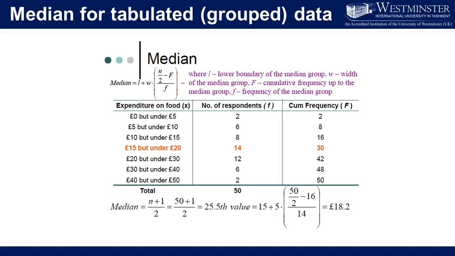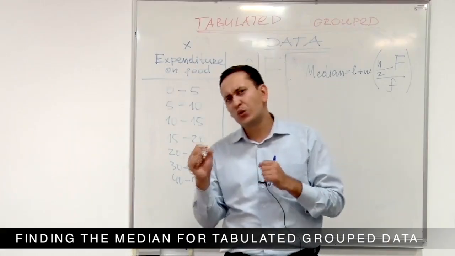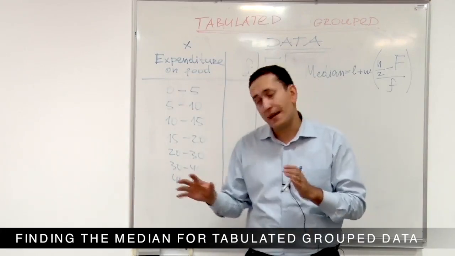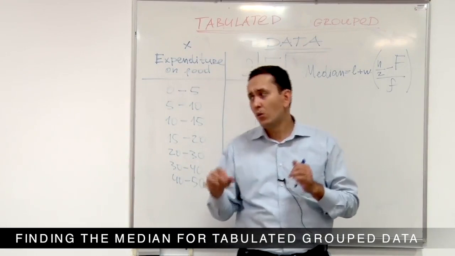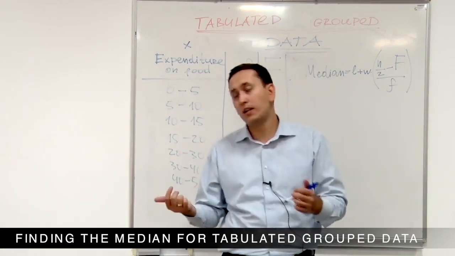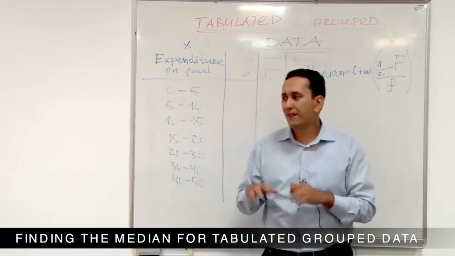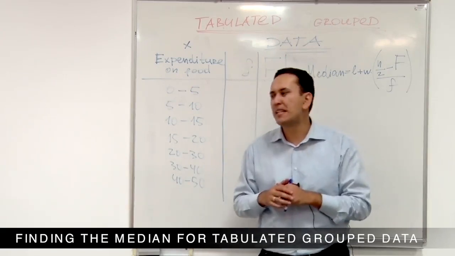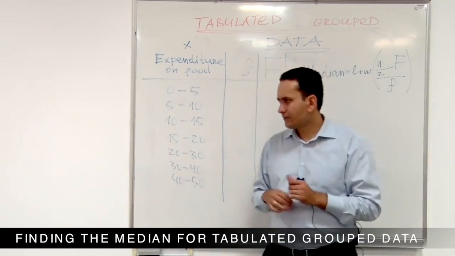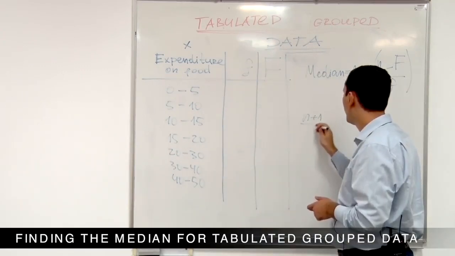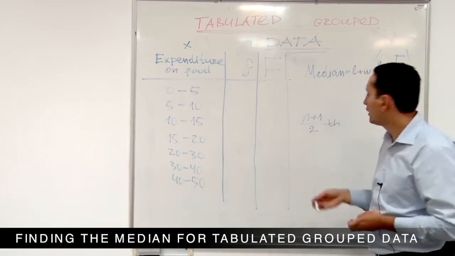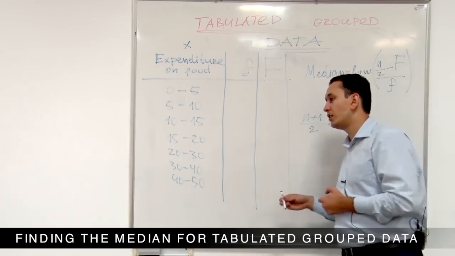The median group is, again, the group where our median is located. But how do you find that median group? We find it by using the previous formula that we use for finding medians for different structures of data: n plus 1 divided by 2. So just finding the order of the median.